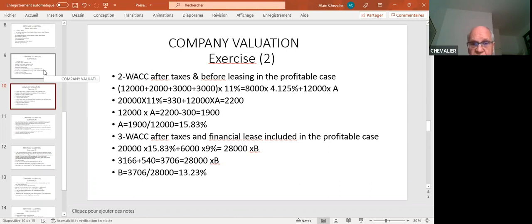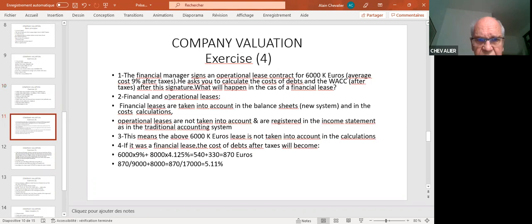And here I introduce a leasing contract, and next time, we will introduce in the calculations what we call preferred shares, and also have a look at convertible bonds.